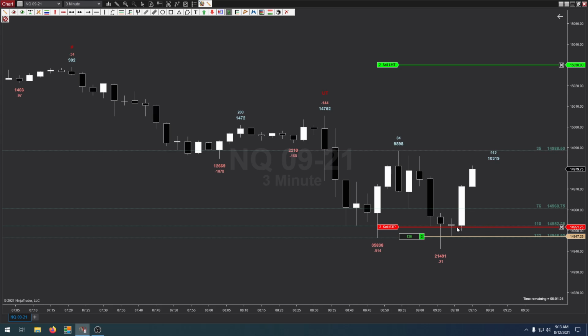Just that fractal right there. We need it to take out this high right here. And once again, this target is just below the overnight trading high, the current day's high. That's where that is. We need to close above this. Take out that high right there.